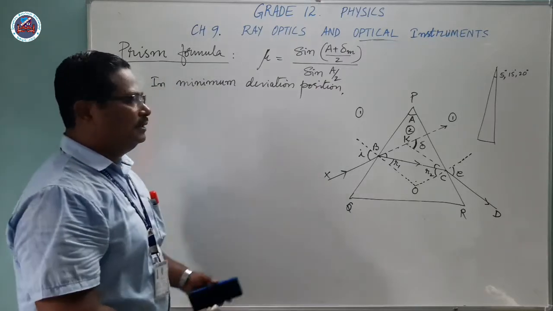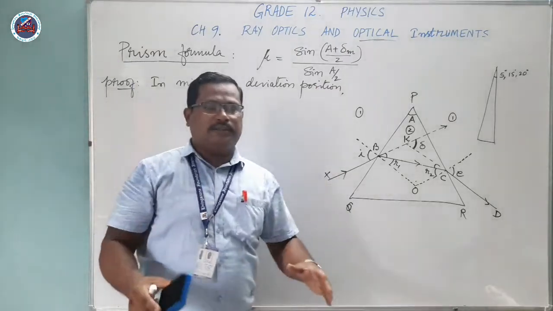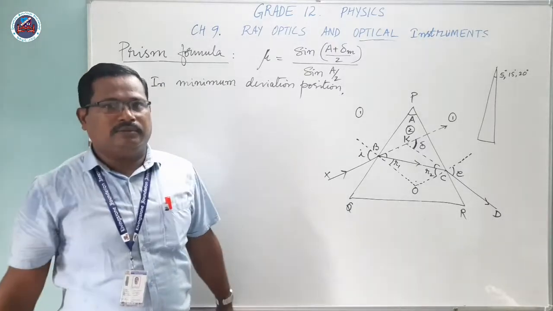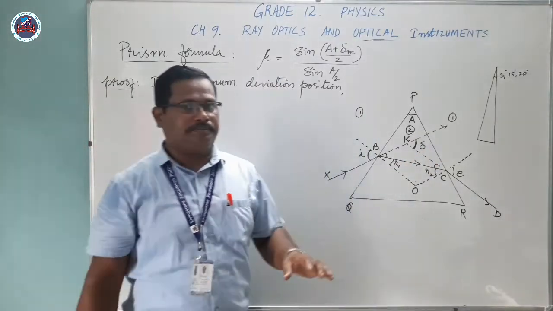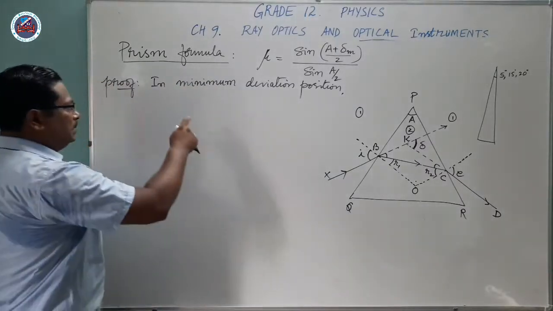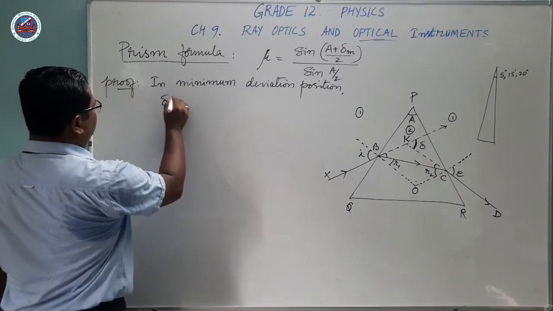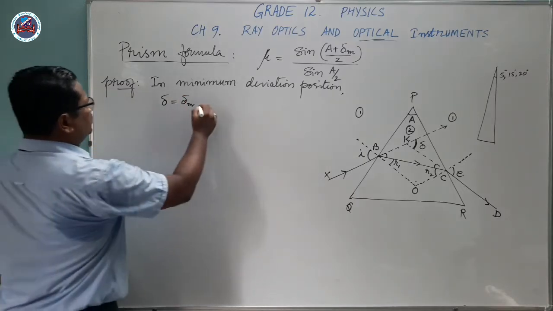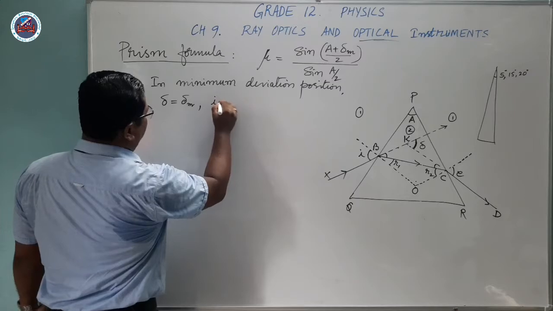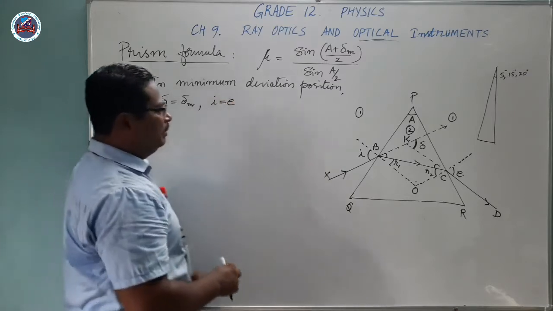Then you should be able to say that the prism is said to be in minimum deviation position when the angle of deviation is minimum. The name itself says minimum. So in this minimum deviation position, the angle of deviation we replace with the angle of minimum deviation, delta m. Then angle I is exactly equal to angle E in minimum deviation position.